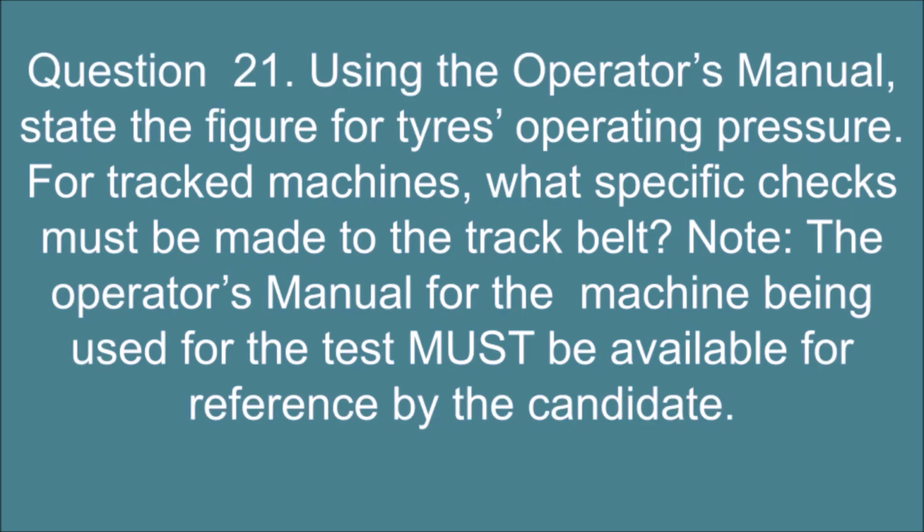Question 21. Using the operator's manual, state the figure for tire operating pressure. For tracked machines, what specific checks must be made to the track belt? Note, the operator's manual for the machine being used for the test must be available for reference by the candidate.